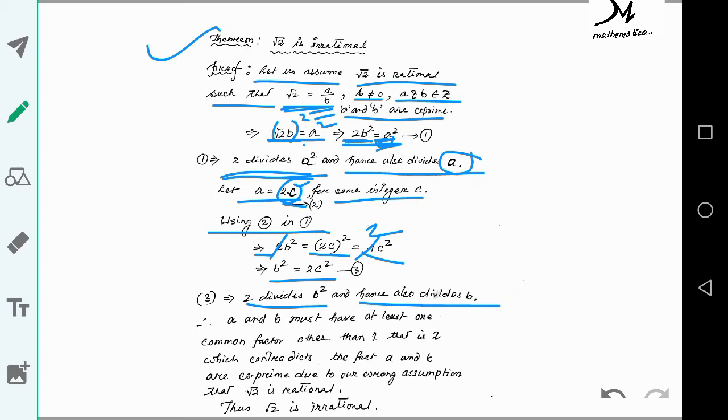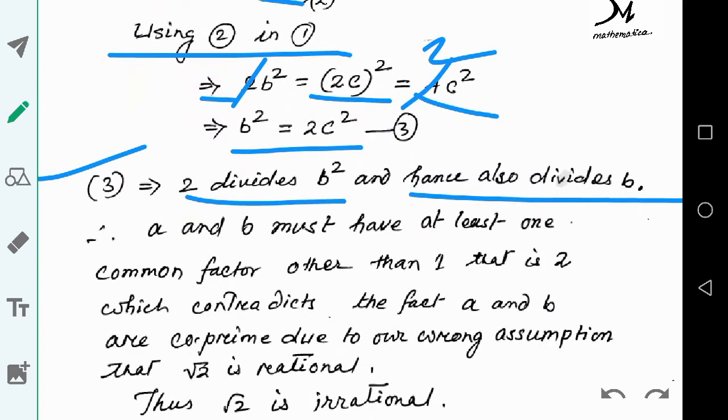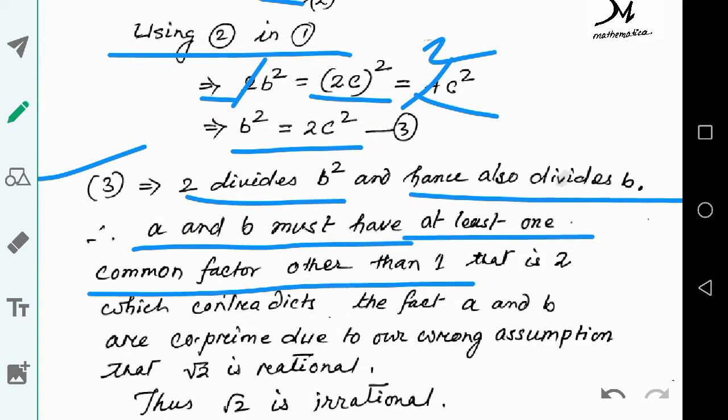Now from 1 and 2, we have got that 2 divides a as well as 2 divides b. So what does it mean? That means a and b must have at least one common factor other than 1, that is 2, because 2 divides both a and b.